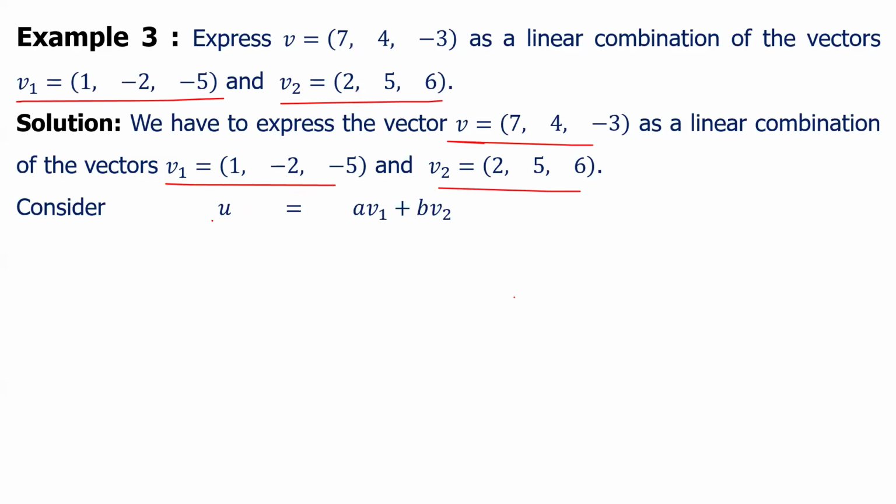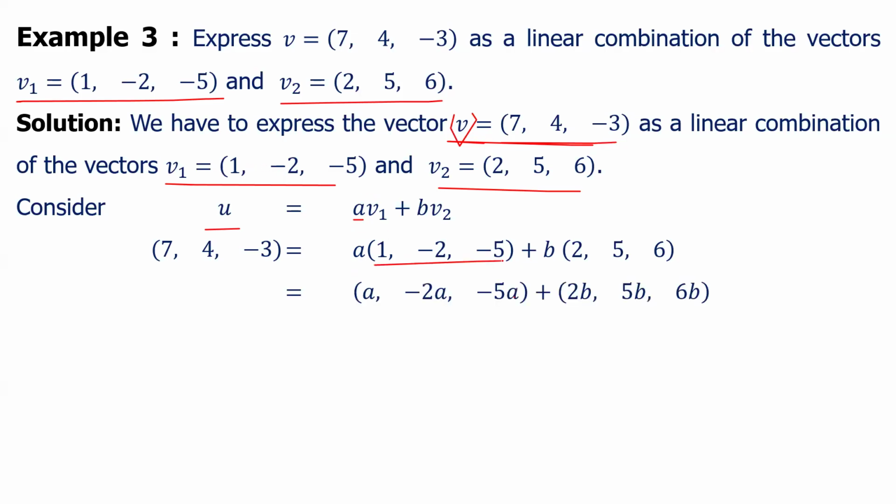Let us consider v is equal to a v1 plus b v2. v is given (7, 4, -3), and the value of v1 is (1, -2, -5), and the value of v2 is (2, 5, 6).